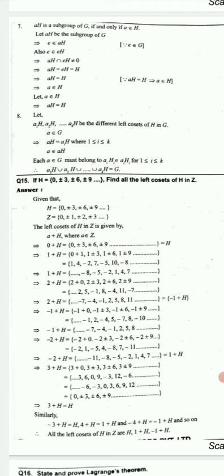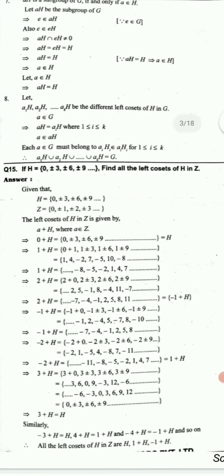The left cosets of H in G are given by the form A plus H. So 0 plus H equals the same. What is H? You add 0 to H, so it is the same: 0, plus or minus 3, plus or minus 6, plus or minus 9, and so on. That is H. 1 plus H equals 0 plus 1, 1 plus or minus 3, 1 plus or minus 6, and so on.